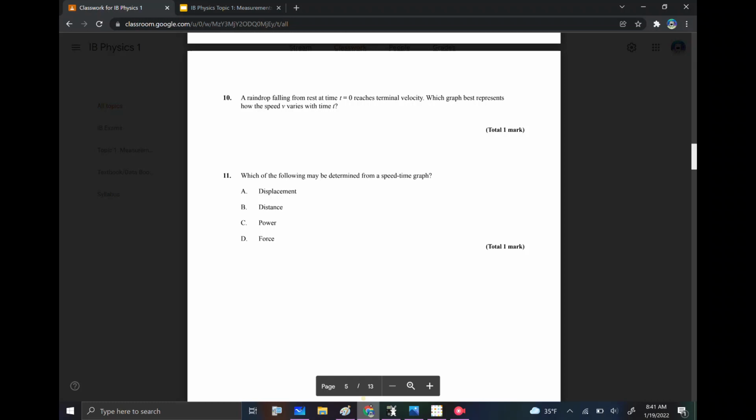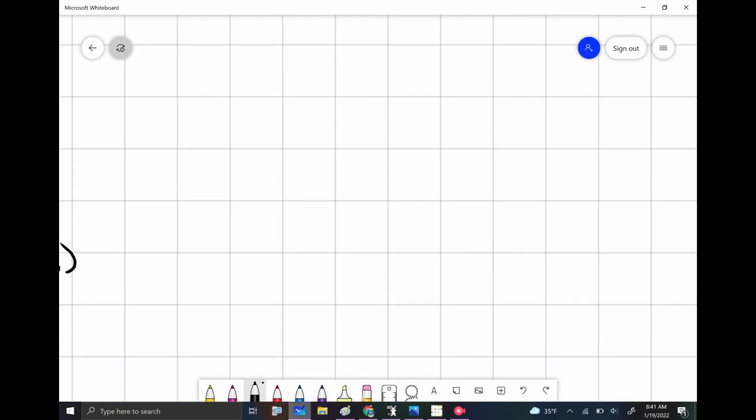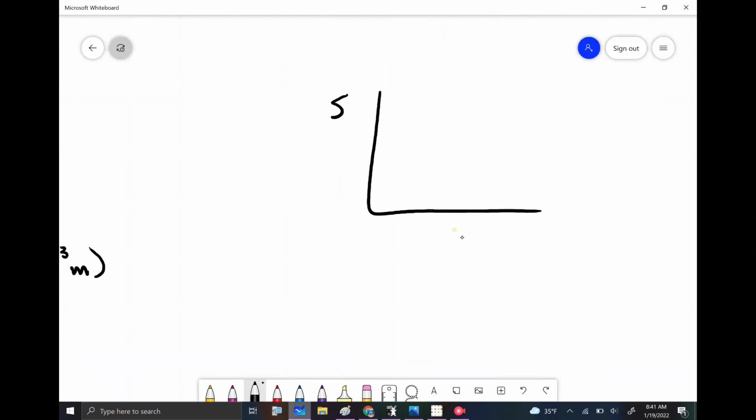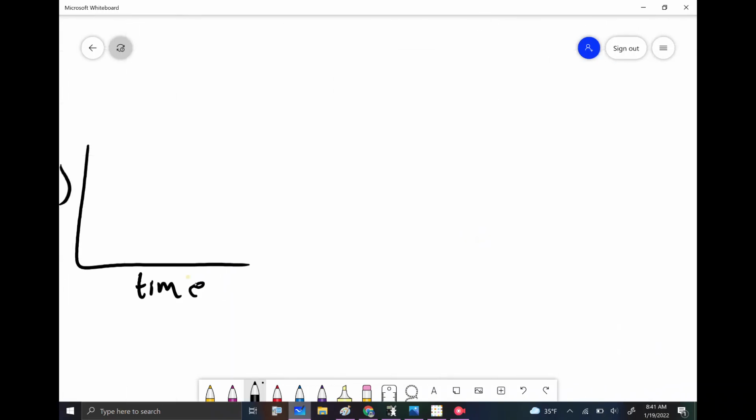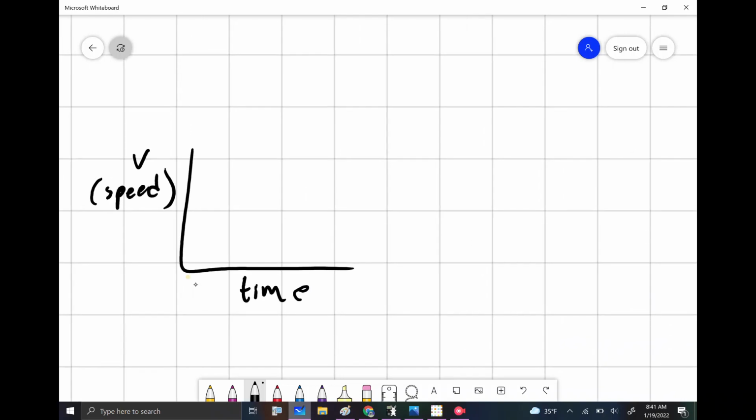Number 11, which of the following may be determined from a speed-time graph? Distance, right? Because if we look, we have speed. Oh, why did I put S? I'll put speed in parentheses so you don't think it's velocity. Speed and time. Let's just say we have a relationship that's linear.